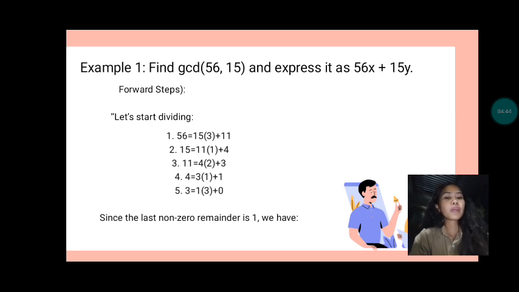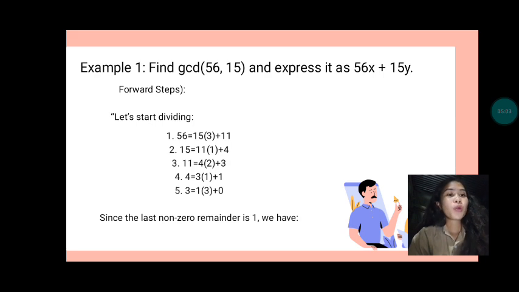Once we reach the remainder of 0, that's where we stop. The last non-zero remainder in this solution is 1, so the GCD of 56 and 15 is 1.